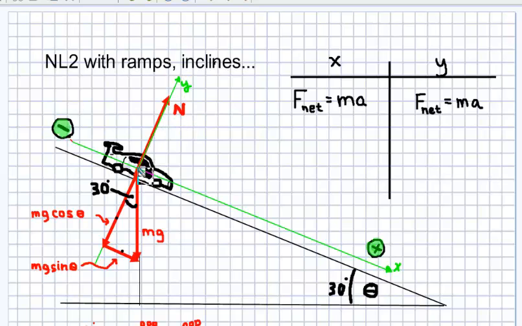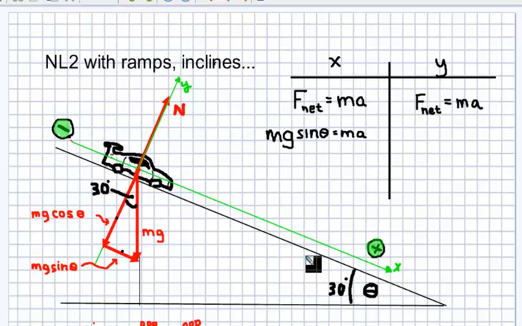Well, this normal force is a y force, positive. This mg cos theta is a y force, negative, and the mg sine theta is the only x force we have. So it is indeed the net force. So when we're trying to describe the net force, it's simply mg sine theta.